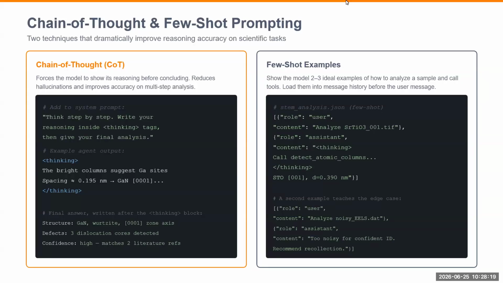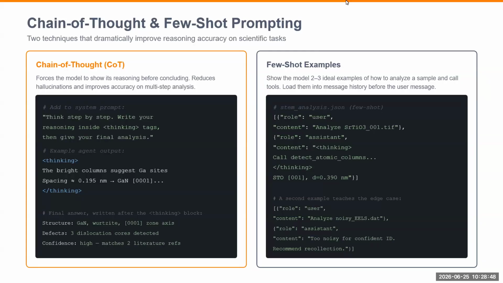This reduces hallucinations and improves accuracy within the agent, especially if it has a multi-step analysis, because agents tend to either forget a step, hallucinate a step, or just go over that step without going deeper within its thought process, right? So you don't want a quick response. You want some type of thought process within your agent.